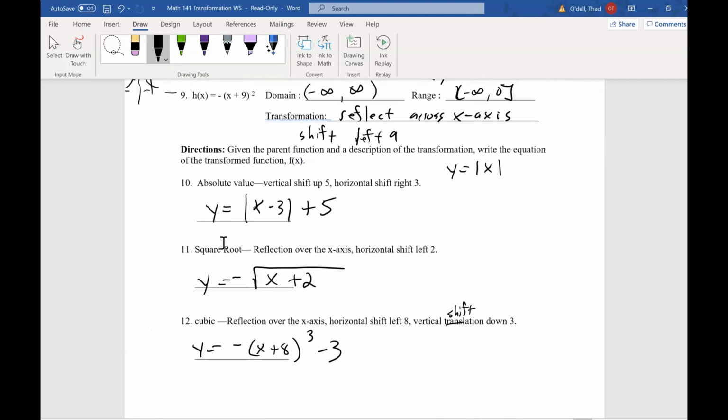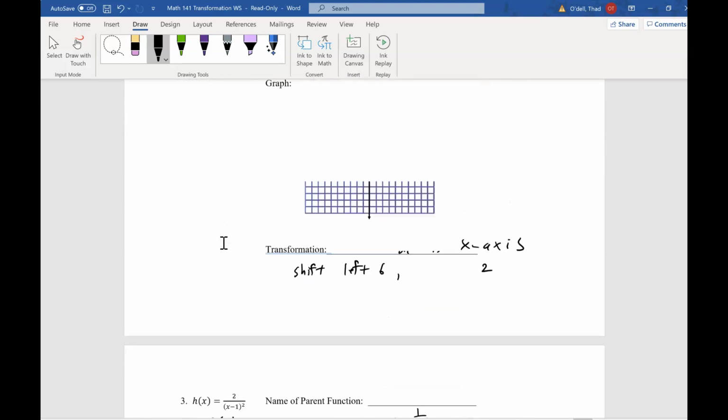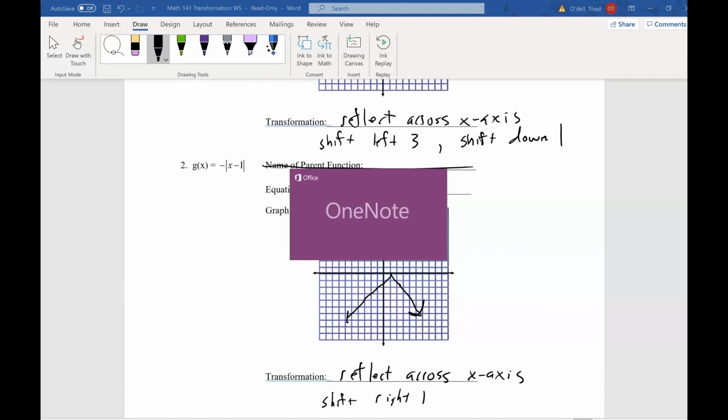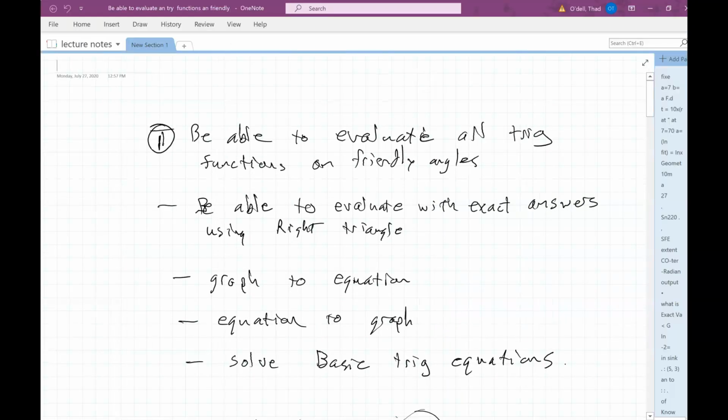Oh, and that's all of them. So that's that worksheet. I think I'll pull up and do a few more of those from description to equation that are maybe a little bit more complicated. So let's take a look at one.